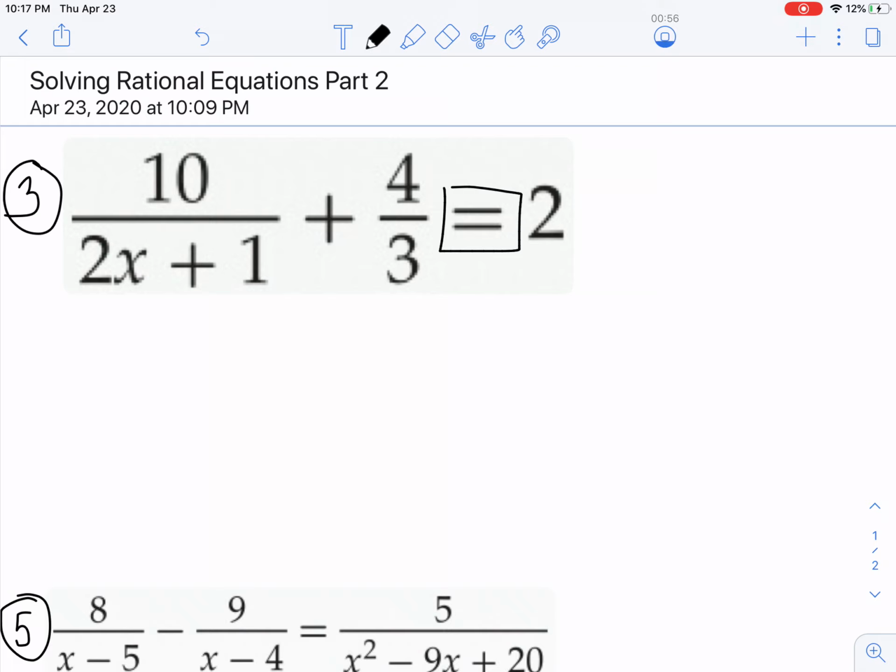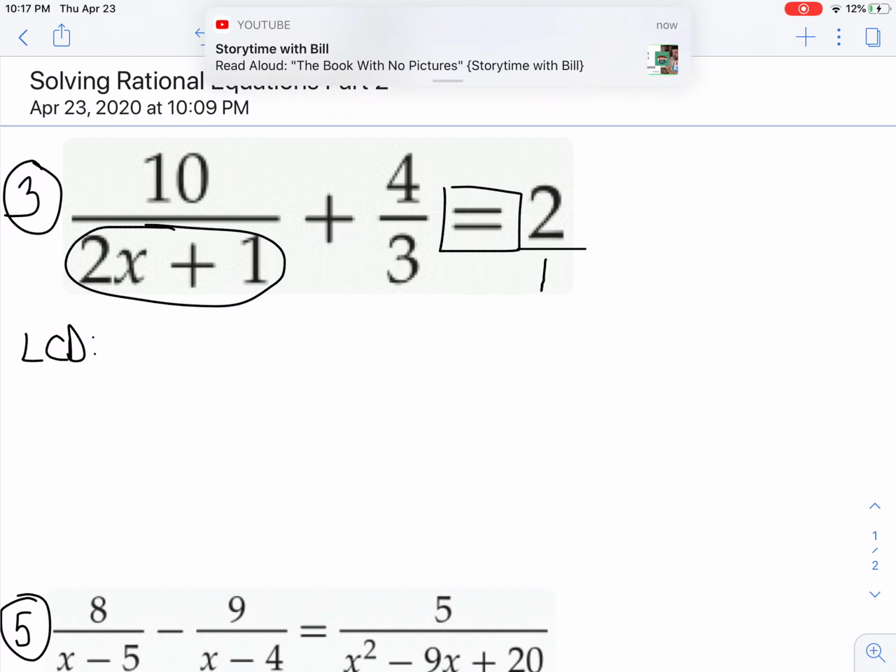The first thing that can be difficult for kids is that we just see a 2 over here. Well, remember, any number can always be written over 1, so my denominator there is really just 1. Now we need to find our LCD. Remember, if you see a plus or minus in a denominator, that is a quantity.